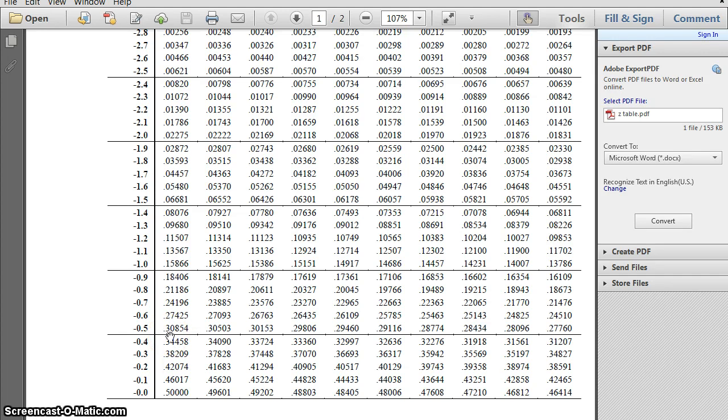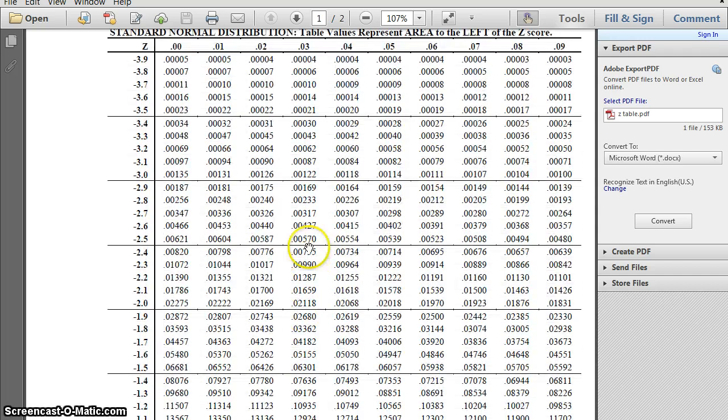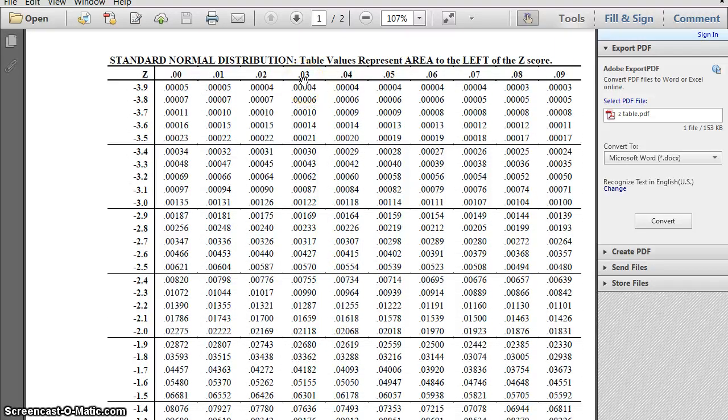This is a pretty close one. Go down a little bit more, we see 0.29806 and 0.30153. So really, I'm going to choose this one as the closest to about 0.30, and that means my z-score associated with this is negative 0.5, and scrolling up the column, negative 0.53.